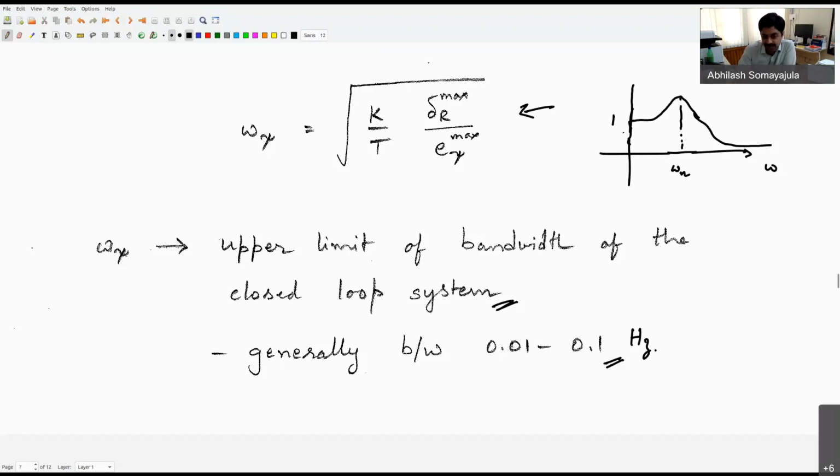So you can see that if I provide this system with a very high frequency signal as an input, then I'll not get anything as the output. If I apply an input signal at that frequency, the response of the system will be very, very small. So when I define the bandwidth, I'm defining the range of frequencies at which the system allows whatever input is coming to go out of the system as well.